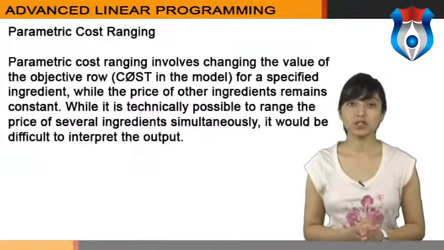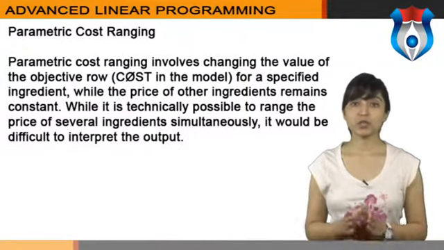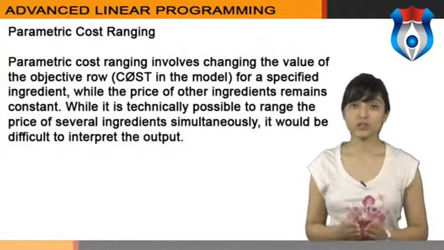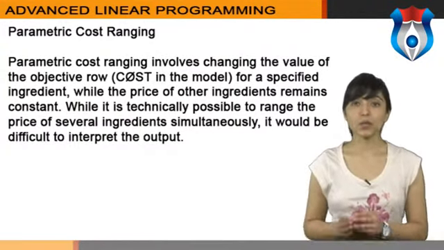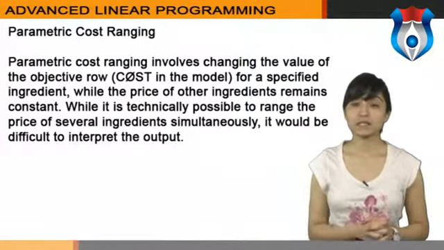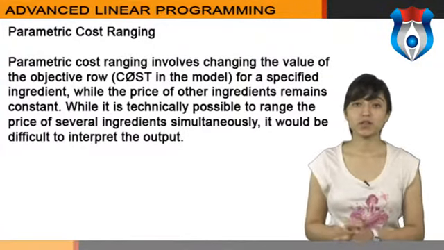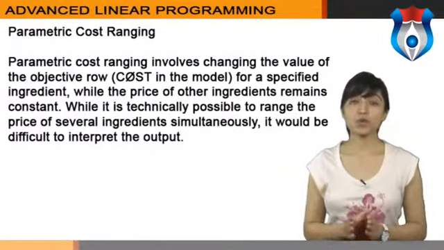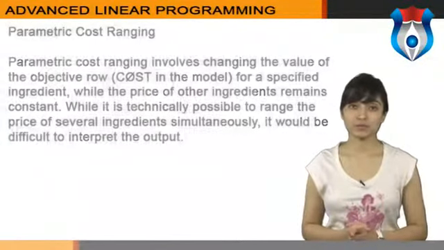Parametric cost ranging. Parametric cost ranging involves changing the value of the objective row cost in the model for a specified ingredient while the price of other ingredients remains constant. While it is technically possible to range the price of several ingredients simultaneously, it would be difficult to interpret the output.